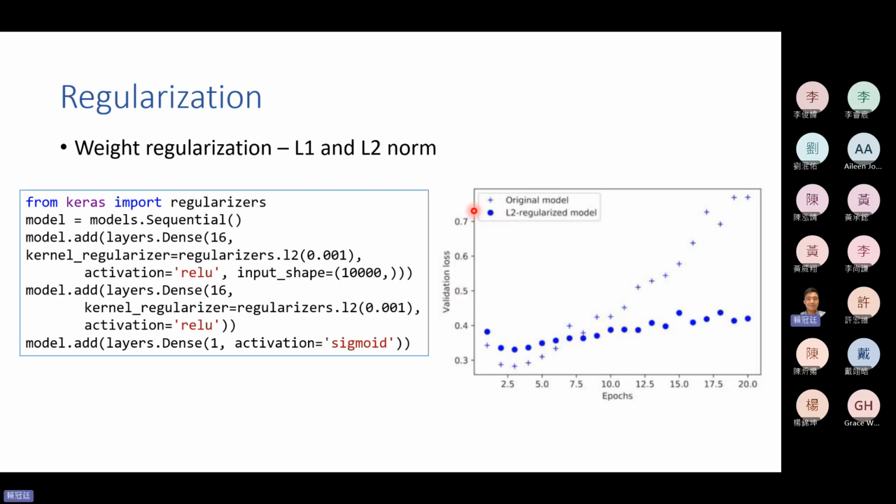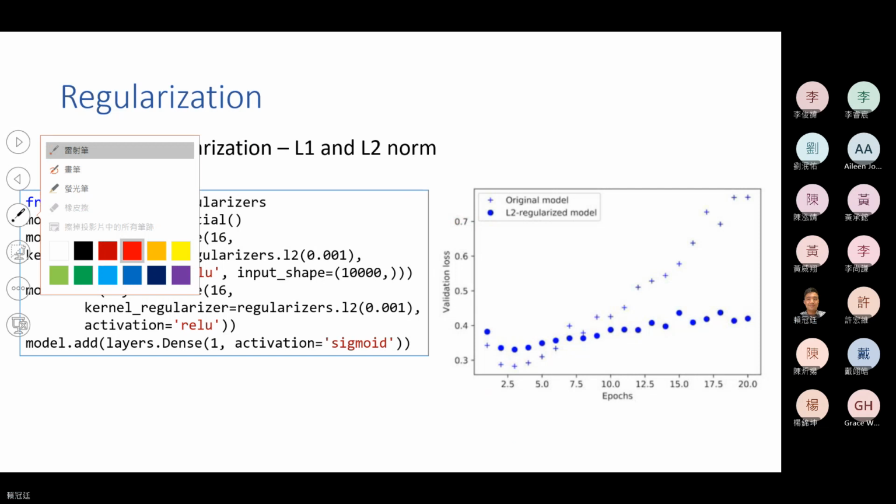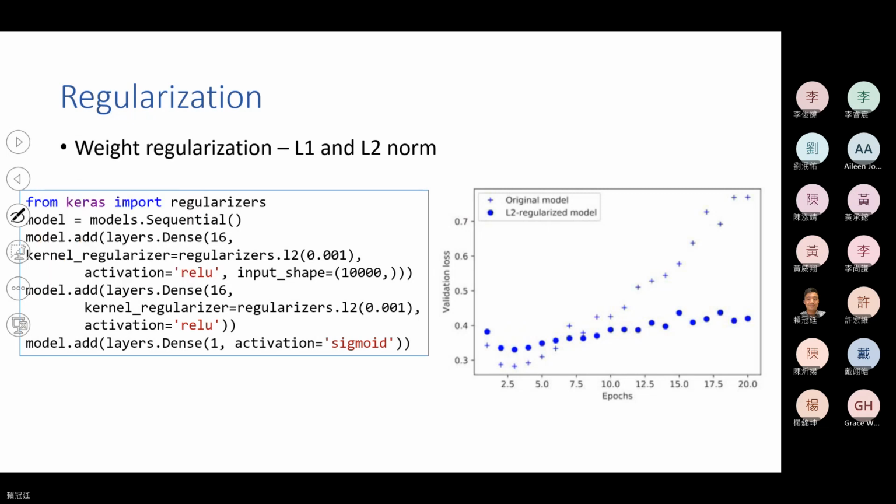So how can you observe overfitting? When you train longer, train more epochs, your validation loss goes down first.